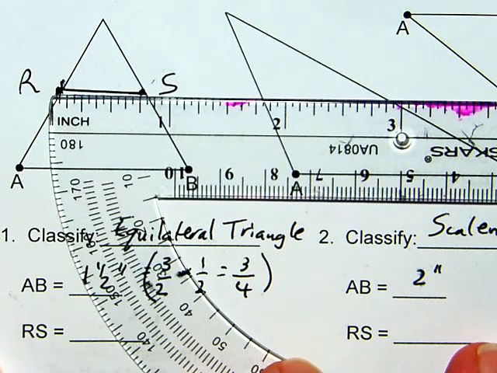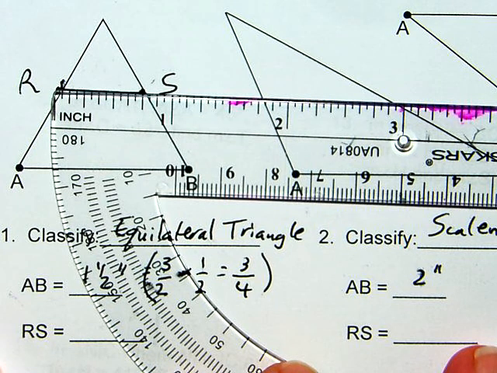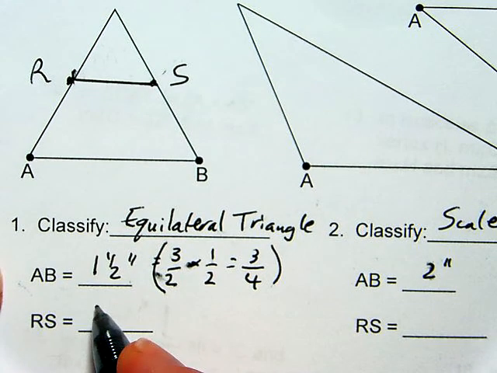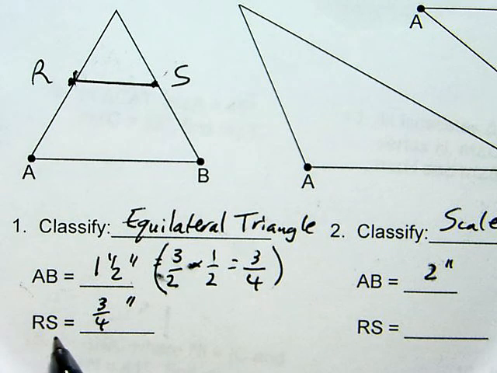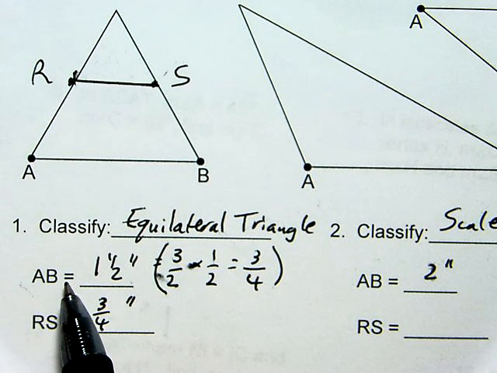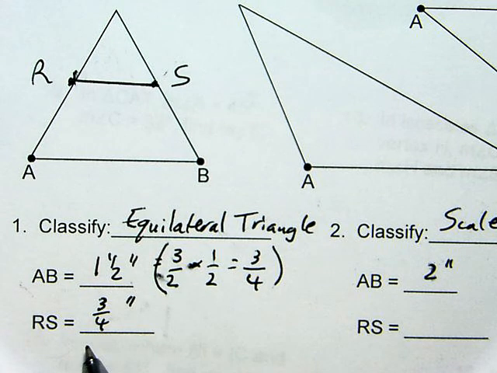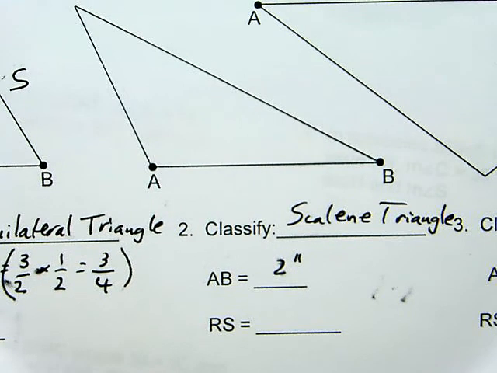And we get RS is just about exactly 3/4 of an inch. So RS is 3/4 of an inch long. That's interesting. RS is half of AB, isn't it? We already found out that half of 3/2 is 3/4. Let's keep that in mind and move on to the next one.